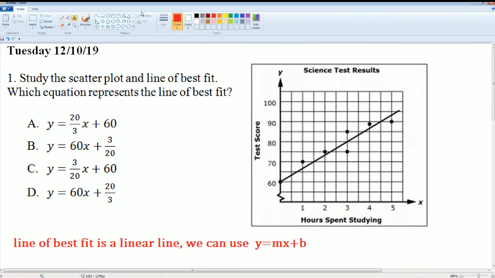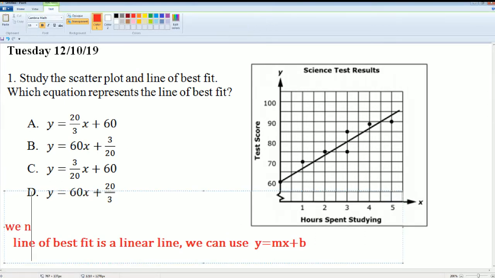All we need for it to work is the slope, which is m, and the y-intercept, which is the b.